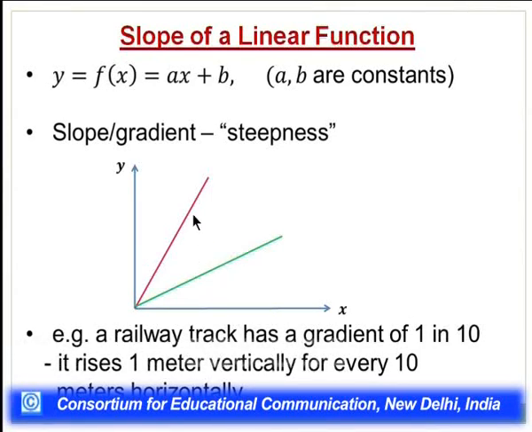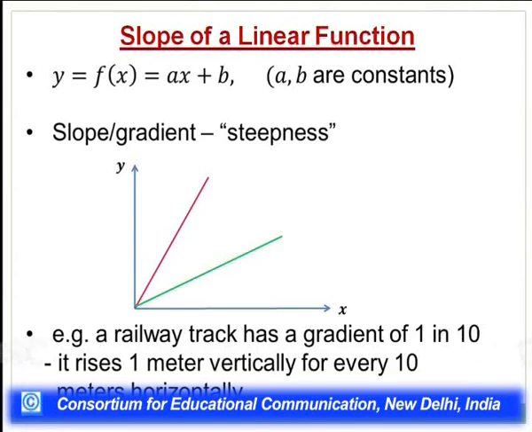Clearly, if you think in terms of steepness, you are definitely going to find it more difficult to climb this red mountain than this green mountain. So here, just to give you a sense of steepness, we would say this red line is steeper than the green line, and this blue line would be like a flat road that you're walking on, and this would have zero slope. So when we talk of slope or the gradient, we're referring to steepness.